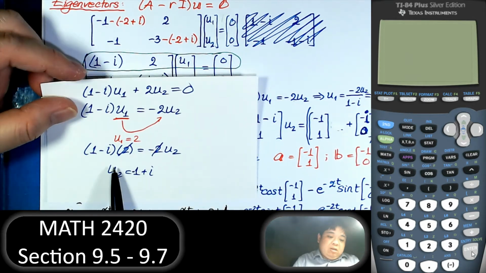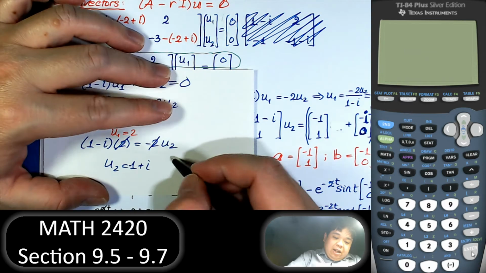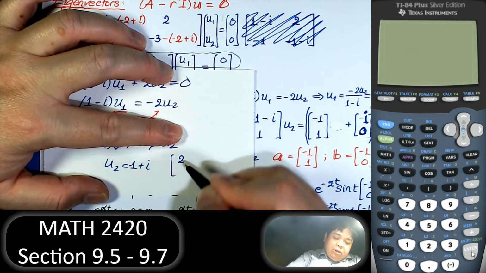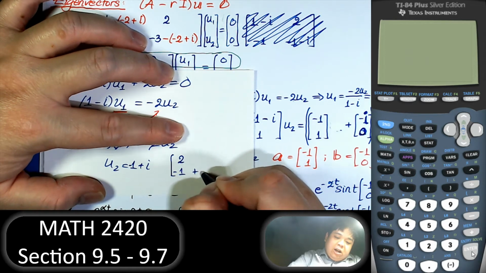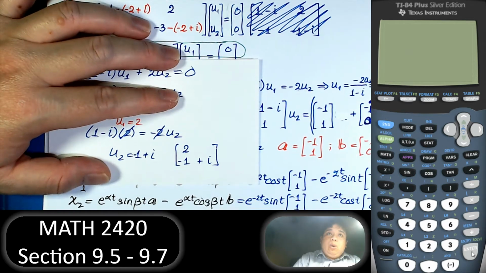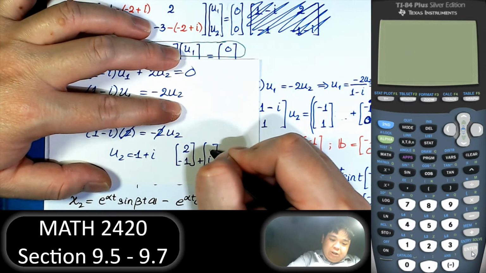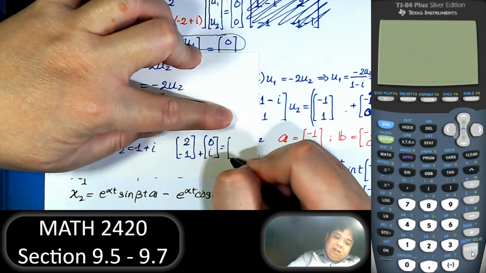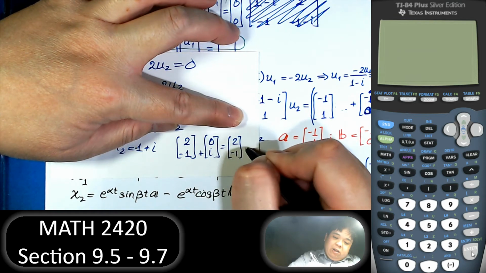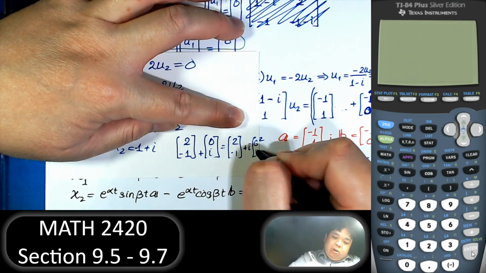And of course, we can write differently as u1 is 2, u2 is minus 1 plus i, which we split into 2, and that is [2, -1] plus i [0, 1].